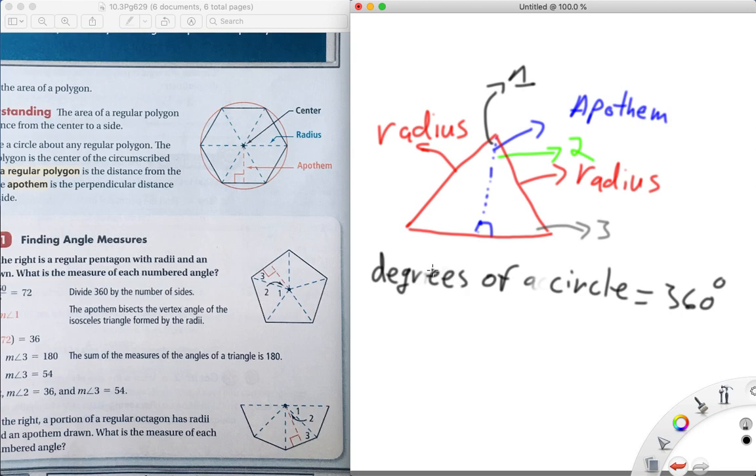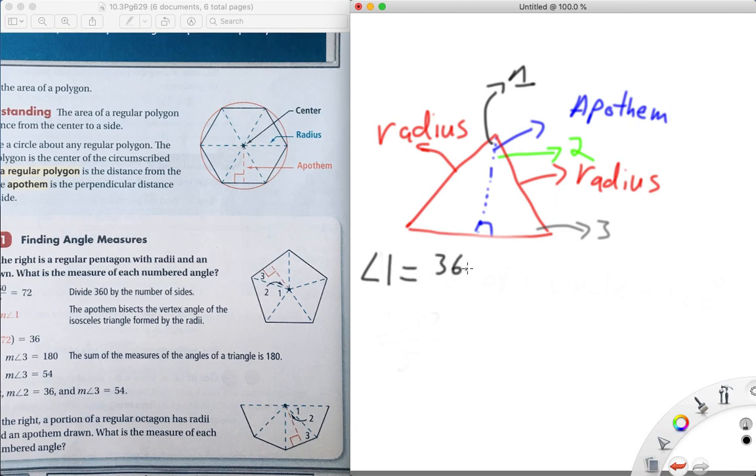So in order for us to find what the central angle is, we're going to divide the degrees of a circle by the number of central angles. So we have 5 triangles, which means we have 5 central angles because it's a pentagon. We divide it by 5. So in order to find angle 1, we divide 360 degrees by 5. And that gives us 72 degrees. So angle 1 is 72 degrees.